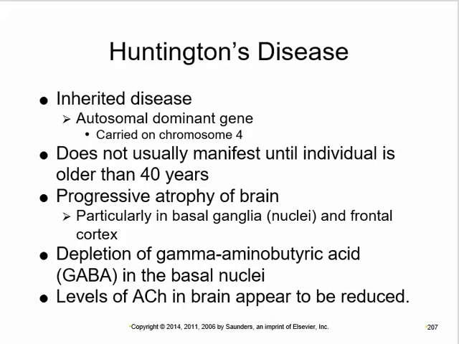Huntington's disease, I've mentioned once before in genetics last semester. It's an inherited disease. It's autosomal dominant. Biggest problem with it, it doesn't manifest until the person's older. So oftentimes they passed it on to their child before they realize they have it.